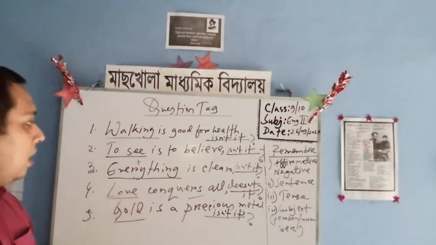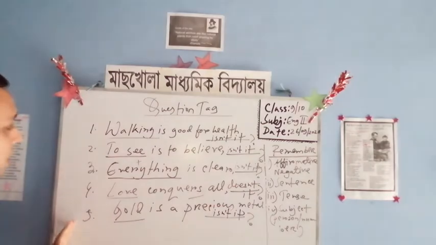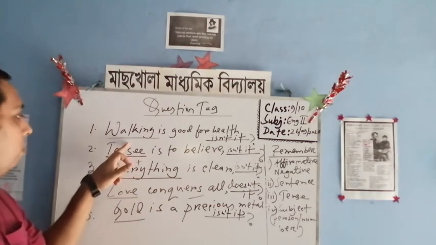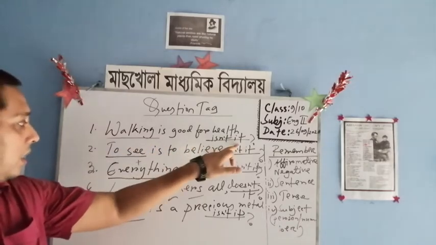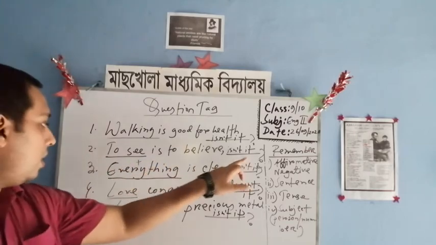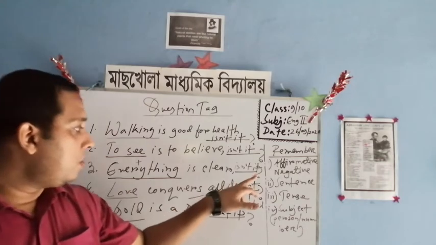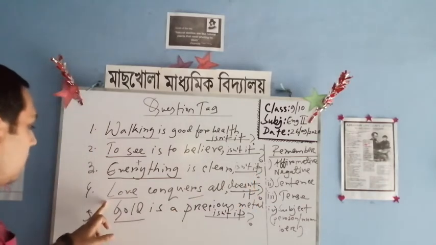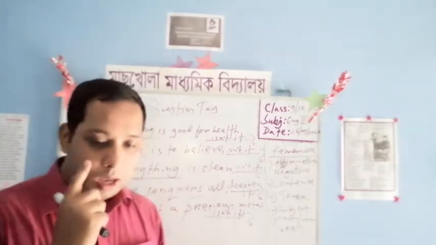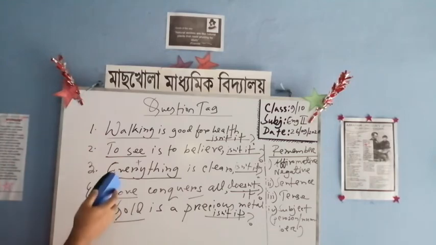I think you have understood the things we discussed. If the subject is ing form, we use it. If the subject is infinitive, we use it. If the subject is everything, anything, nothing, we also use it. Abstract noun and material noun also take it. Let's move to the next question.